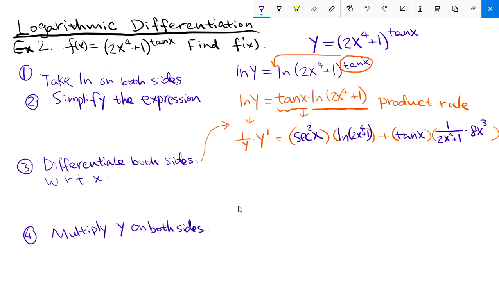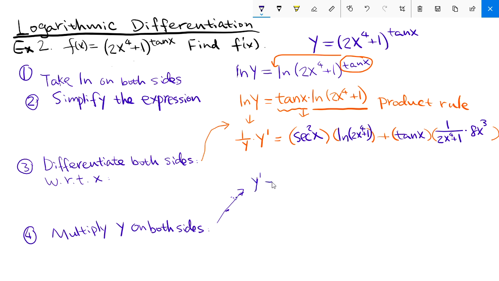The next step is to multiply y on both sides, because again we're looking for y prime, the derivative function. So I'm going to write this right here to give us more room. Multiply y on both sides.